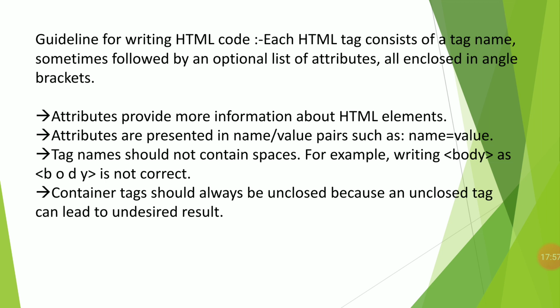It means whenever you write HTML code, that particular tag must be in angle brackets. Angle bracket start and angle bracket close, and inside that you need to write the tag. Second one is that attributes are present in name value pairs, such as name equals value. It means just now I told you, if you use any tag attribute, then the attribute value must be assigned in pairs like name equals value, and it must be in double quotes also.